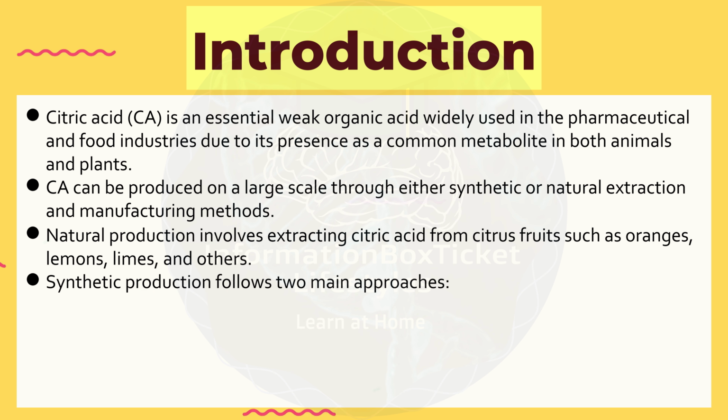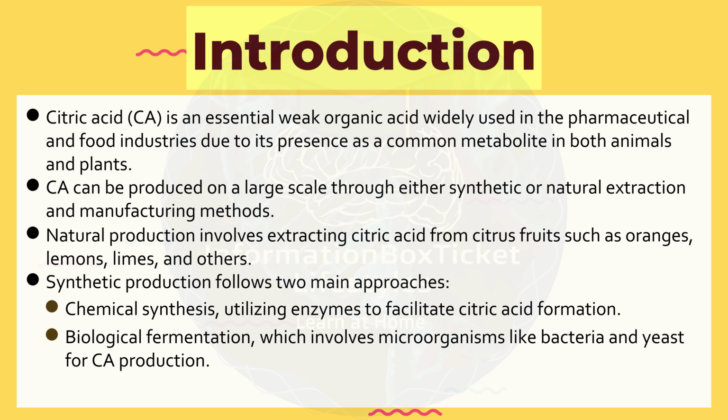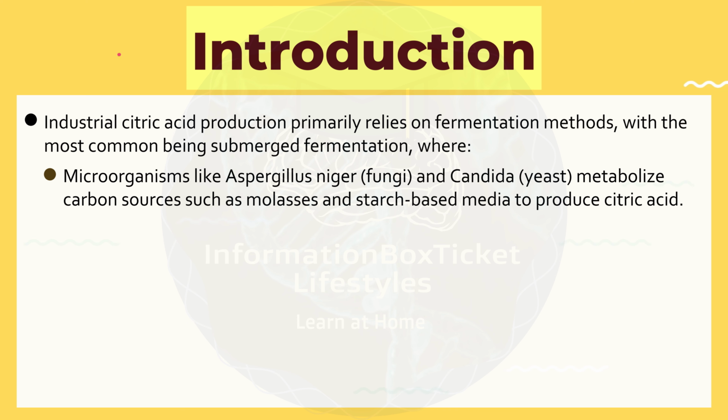Synthetic production follows two main approaches: chemical synthesis, utilizing enzymes to facilitate citric acid formation; and biological fermentation, which involves microorganisms like bacteria and yeast for CA production. Industrial citric acid production primarily relies on fermentation methods, with the most common being submerged fermentation, where microorganisms like Aspergillus niger, fungi, and Candida, yeast, metabolize carbon sources such as molasses and starch-based media to produce citric acid.